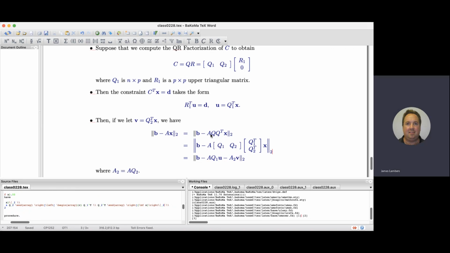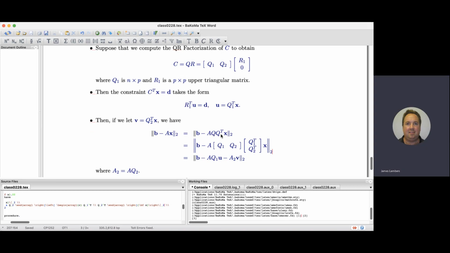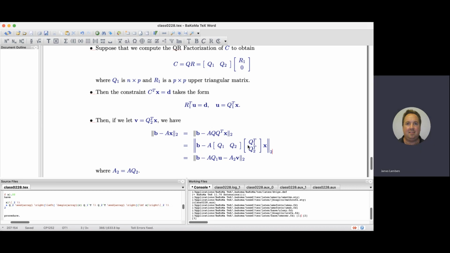So then, just writing this out, I put a Q in here and replace Q by its block decomposition. And now I have this that I want to minimize. And for convenience, I defined A2 to be AQ2.